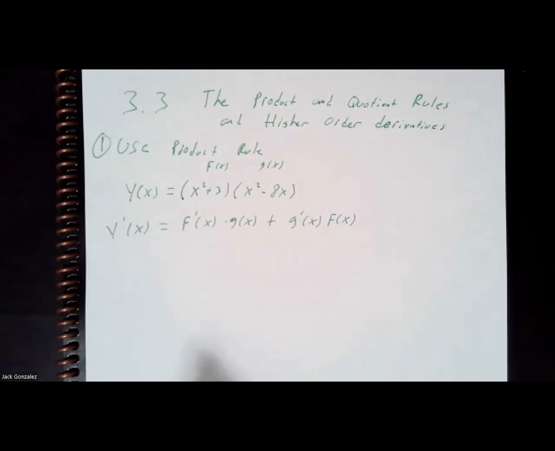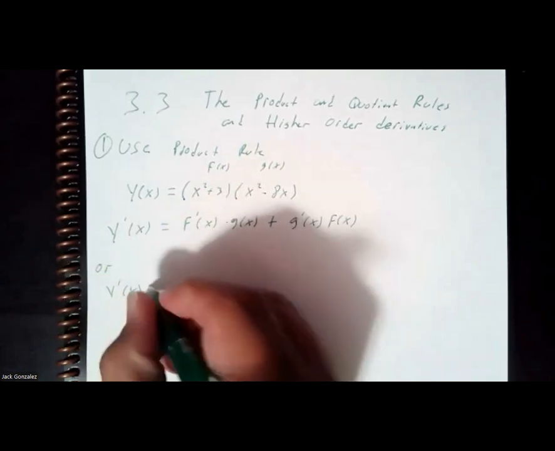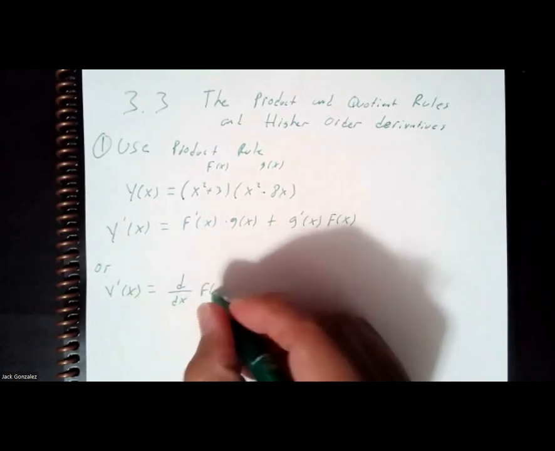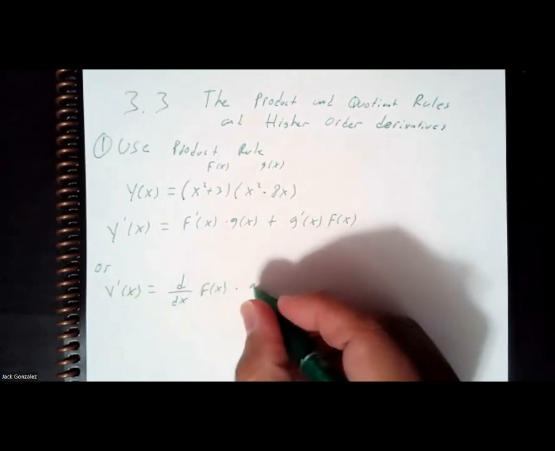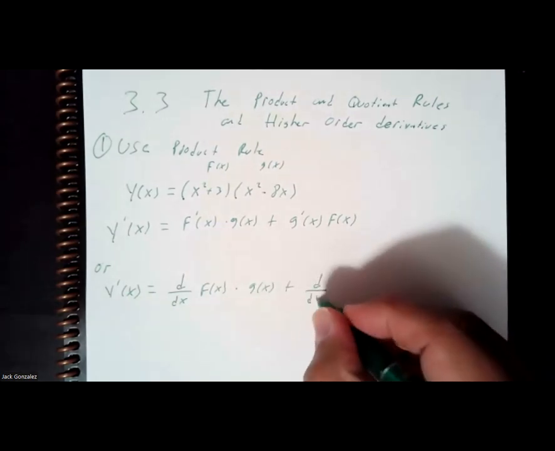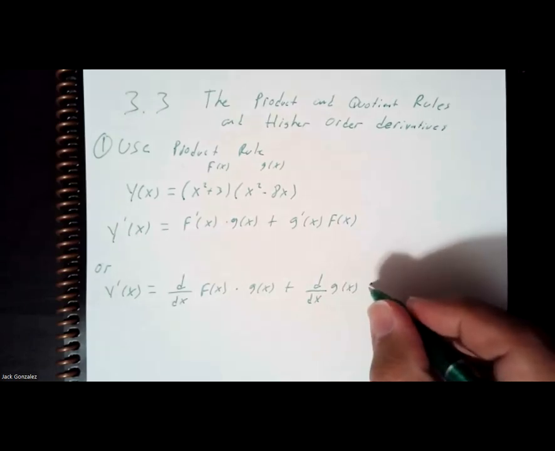Or using the other notation, y prime of x is equal to d/dx of f of x times g, plus derivative with respect to x of g times f.